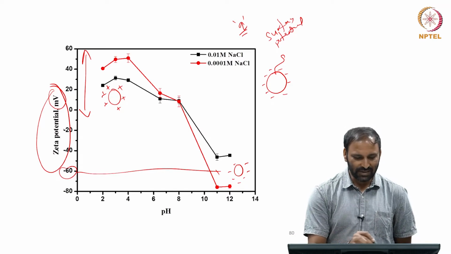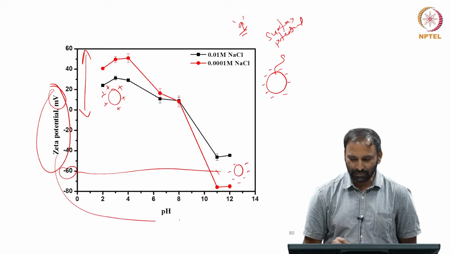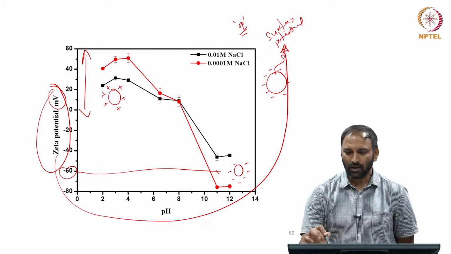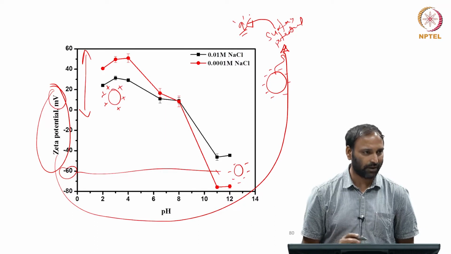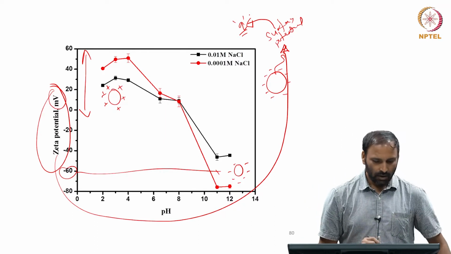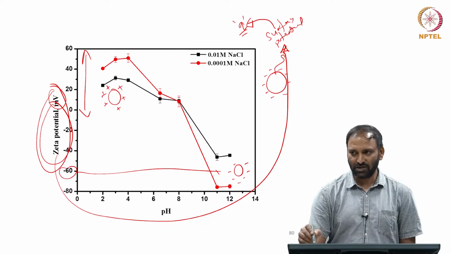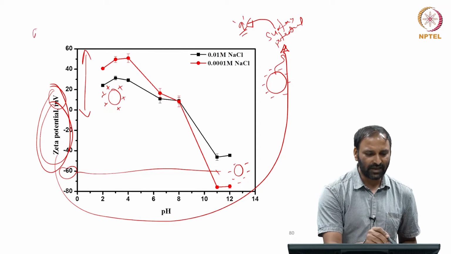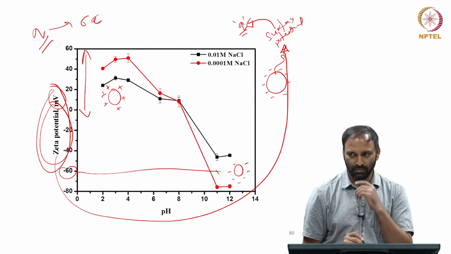This zeta potential, for all practical purposes, can be taken as a surface potential, which is somehow related to Q. Now, there are methods by which I can measure the surface potential, or the zeta potential, and from that there are ways by which I can get Q, and once I have Q I can get the charge density.